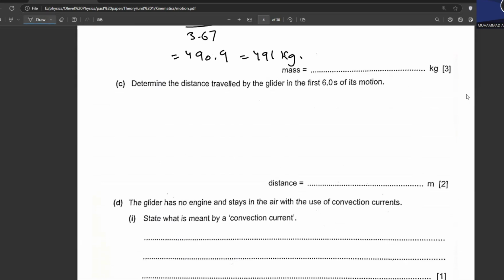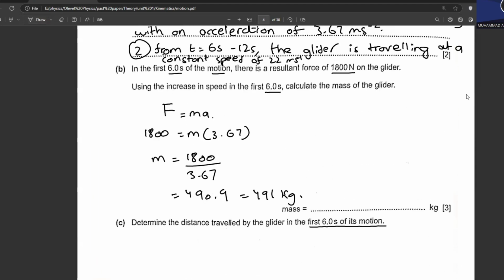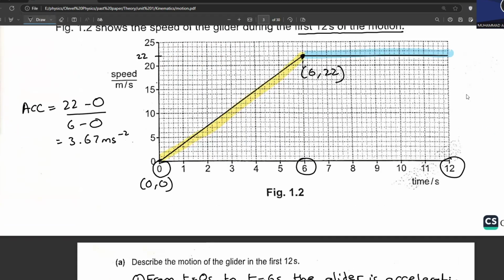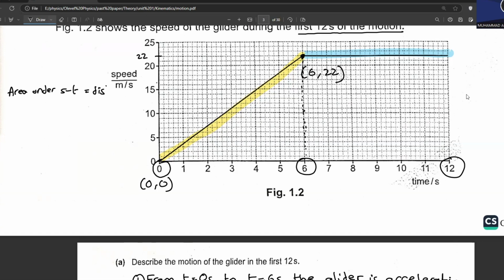Determine the distance traveled by the glider in the first 6 seconds of its motion. We are given the speed-time graph, and do you remember one key point? Let me erase these acceleration calculations. I hope you have copied this down up till now. The area under the speed-time graph is equal to distance.